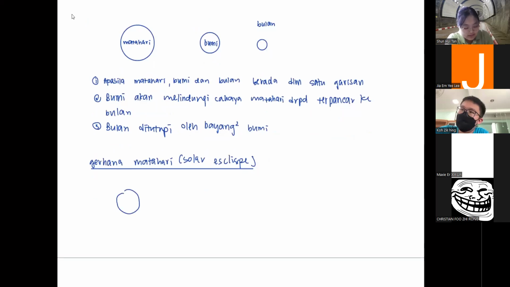When your matahari, bulan, and bumi are in one garisan, in one straight line. So now what happened? Moon is the one blocking the sunlight.